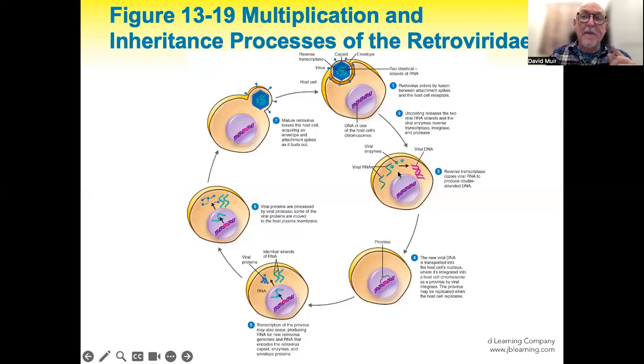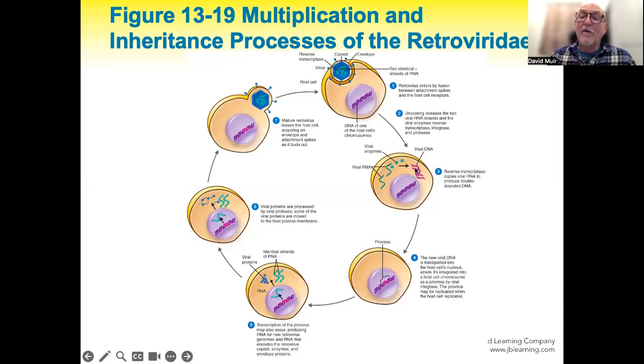These viruses have their own enzyme that they carry with them in the virion, in the capsid, and they reverse transcribe their positive strand RNA to a double-stranded DNA strand.